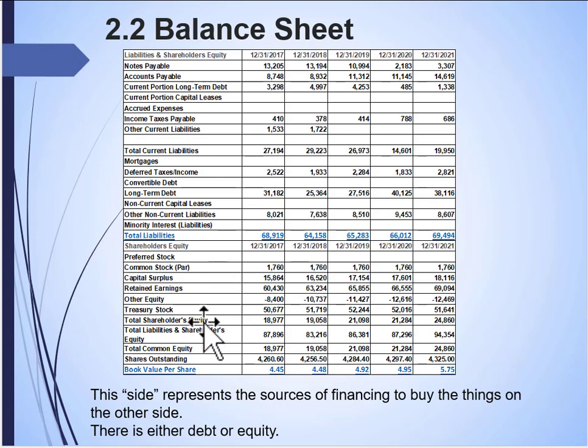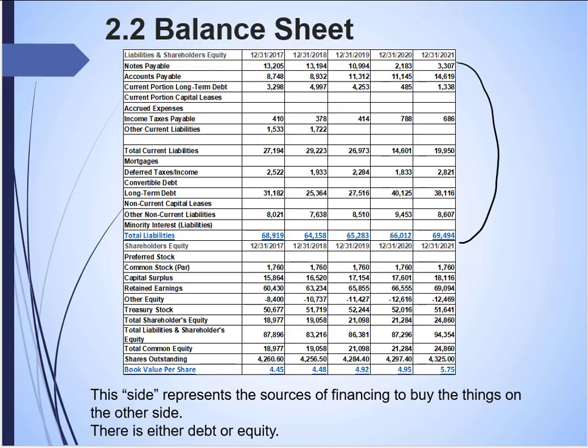The other side of the balance sheet, referred to as the right side, basically just tells us one thing. How does the company buy the stuff on the other side? How do we buy the assets? Where does that money come from? Well, there are really only three choices. The money comes from debt, and if I can show you here how I can separate, this represents the debt of the company.